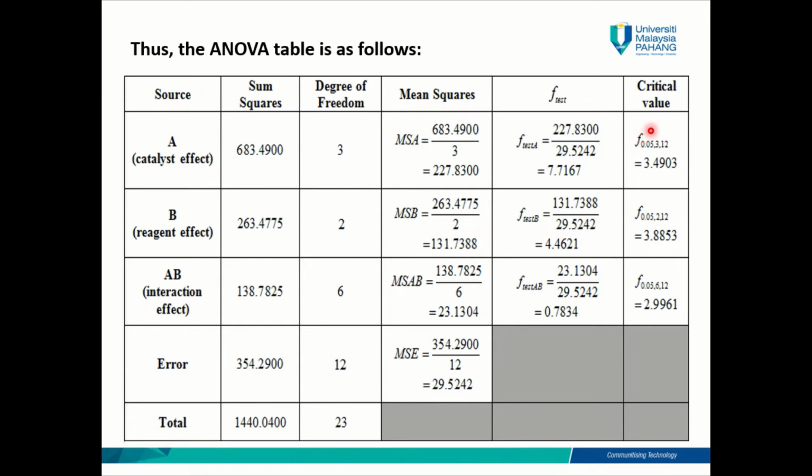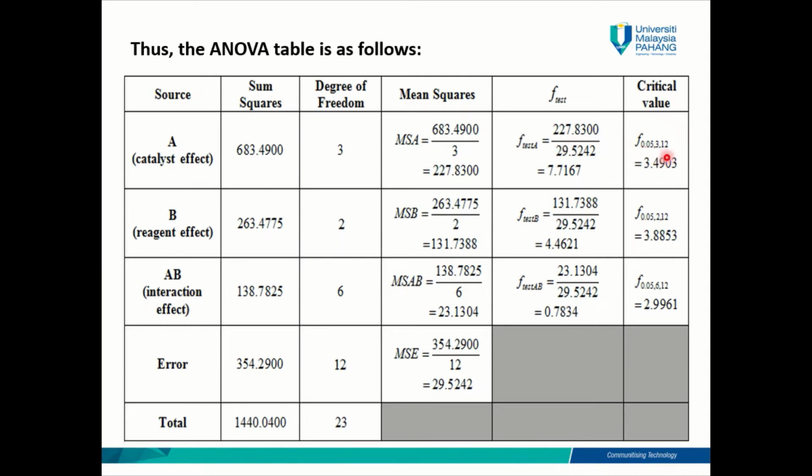And for critical value, it is F alpha. All 3 critical values are F alpha. So the 2 reference numbers here, nu1, nu2, follow the degree freedom of that row. So degree freedom A is 3.